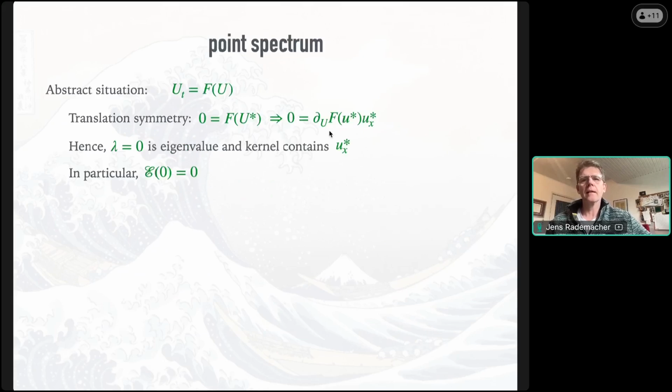Then on the right-hand side, I get, by formally the chain rule, the linear operator that I was talking about before, multiplied with the space derivative of the traveling wave. And this solves this equation, which means that lambda equal to 0 is an eigenvalue, and the kernel contains the derivative of the traveling wave. This is also sometimes called the Goldstone mode. This is very standard in this context here. And in particular, the Evans function at 0 is 0. That's what this also means. So at least we know something about it.